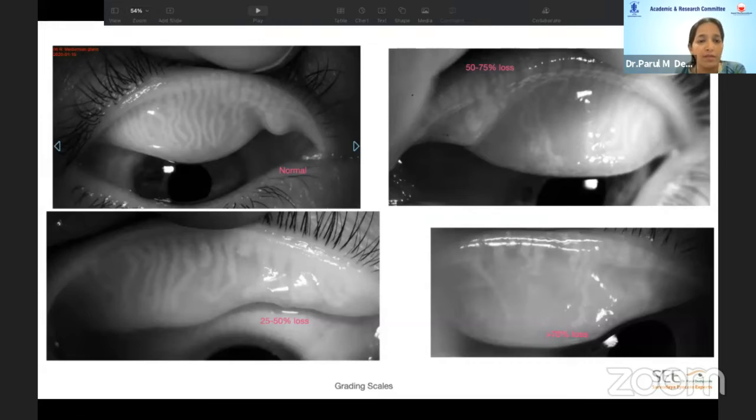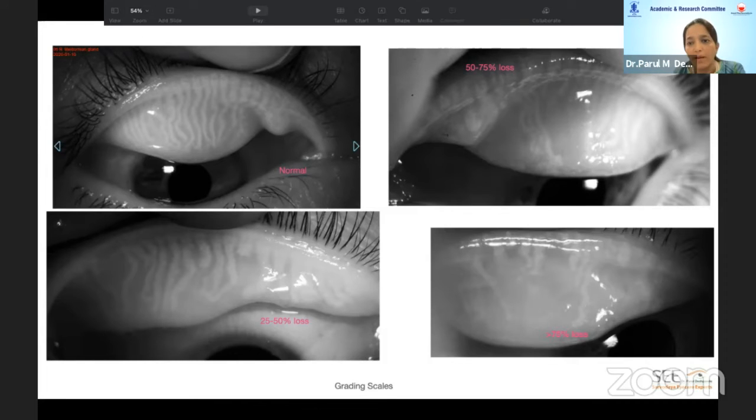So you can see the left-hand top is the normal meibogram, where you can see that all the glands are normally oriented, and they are occupying the entire upper eyelid. As compared to the lower left image, where you can see a significant amount of shortening or dark areas, which is about 25 to 50%, indicating about moderate loss.